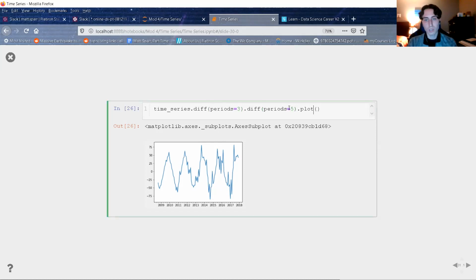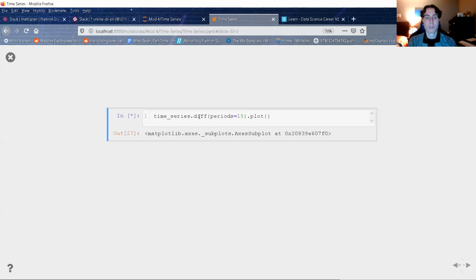And so one more thing just to point out here. Another thing we could have tried, since both 3 and 5 seem to be significant, sometimes this does the trick, just combining them together. So actually doing 15, so 3 times 5.